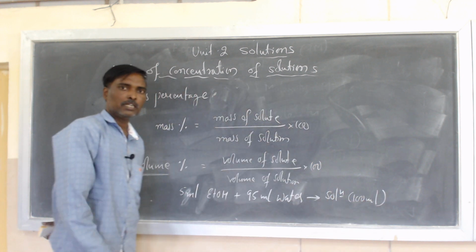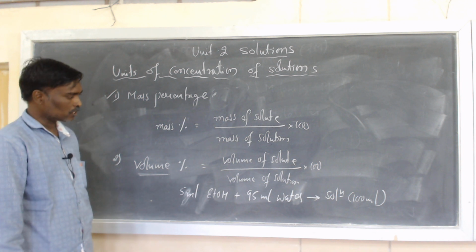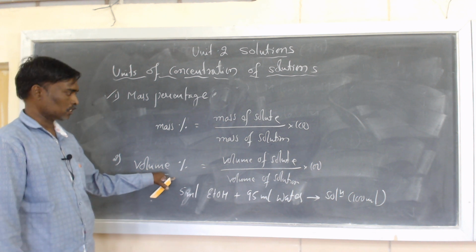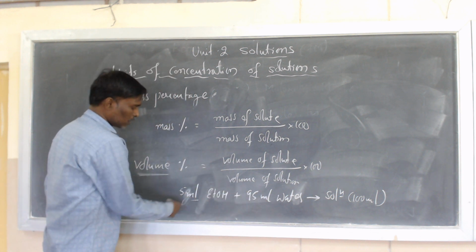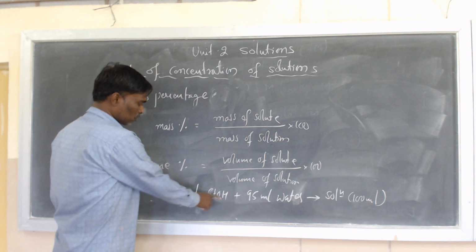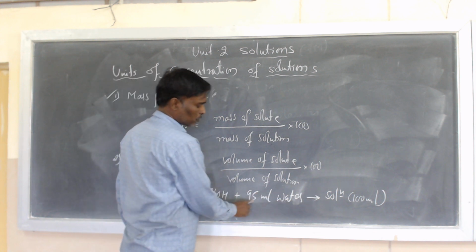Then what is the concentration of that solution? The concentration of the solution is expressed in volume percentage, because solute and solvent both are measured in milliliters. So the volume of the solute is given, and the volume of the solvent is also given.